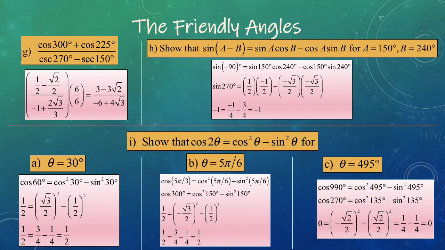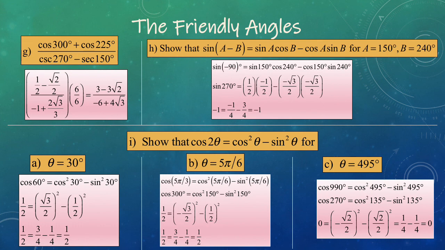In C, we need to show for theta equals 495 degrees that the cosine of 990 degrees is cosine squared of 495 degrees minus sine squared of 495 degrees. These angles are all too large, so we will find the coterminal angles, and therefore we need to show that cosine of 270 degrees is cosine squared of 135 degrees minus sine squared of 135 degrees.